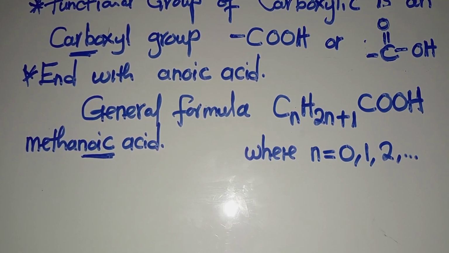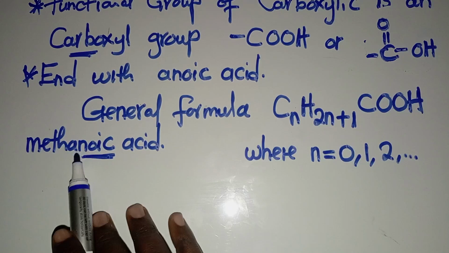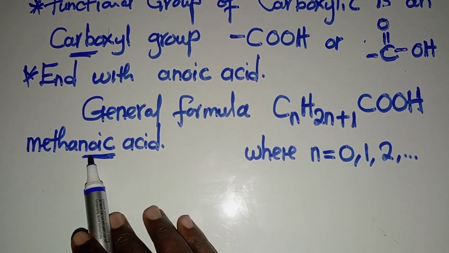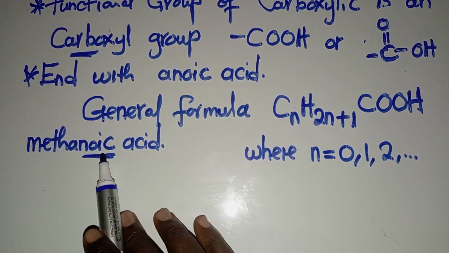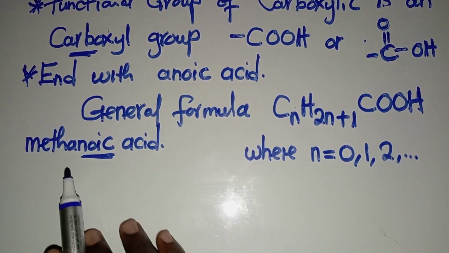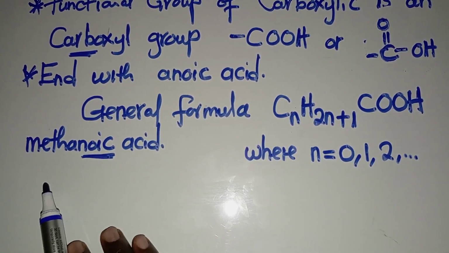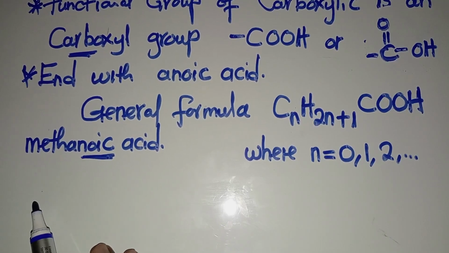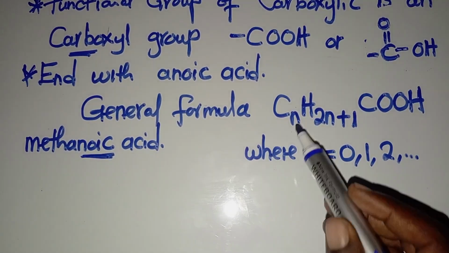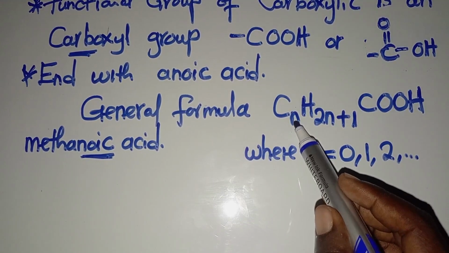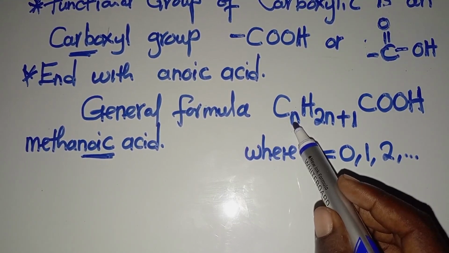But since these are acids, I know that the 1 is dropping. So instead of saying it as 1, this is the same one that is starting with a 0. So with meth on alcohols, the number of carbons needs to be 0. So when we put a 0 where there is N, what are we going to have?